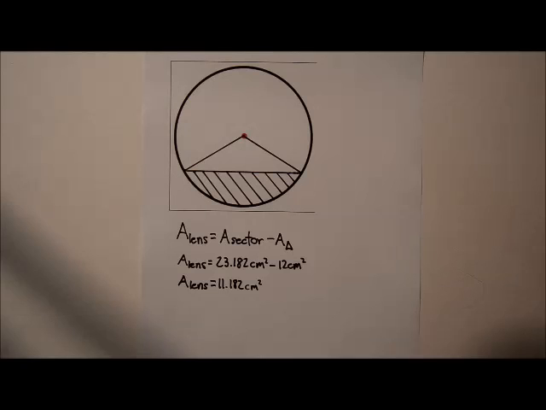Step 5. Solve for the area of the lens. The area of the lens plus the area of the triangle is equal to the area of the sector. So, the area of the triangle taken away from the area of the sector equals the area of the lens.